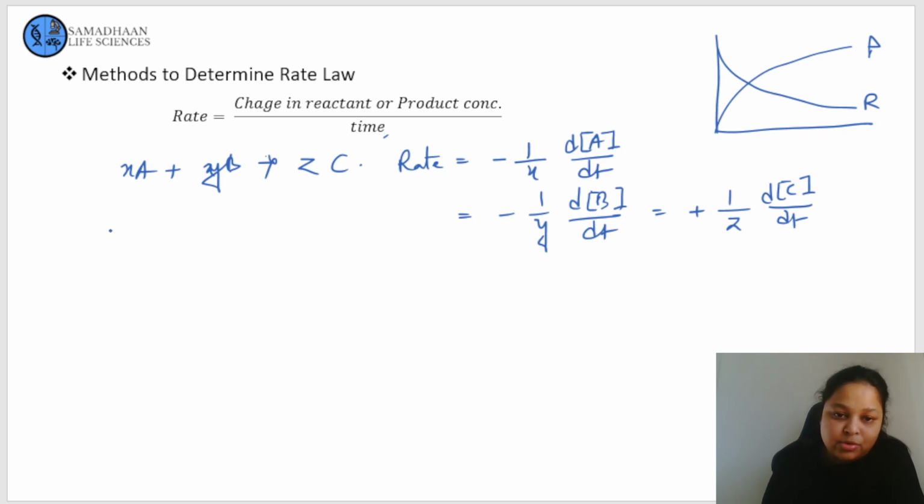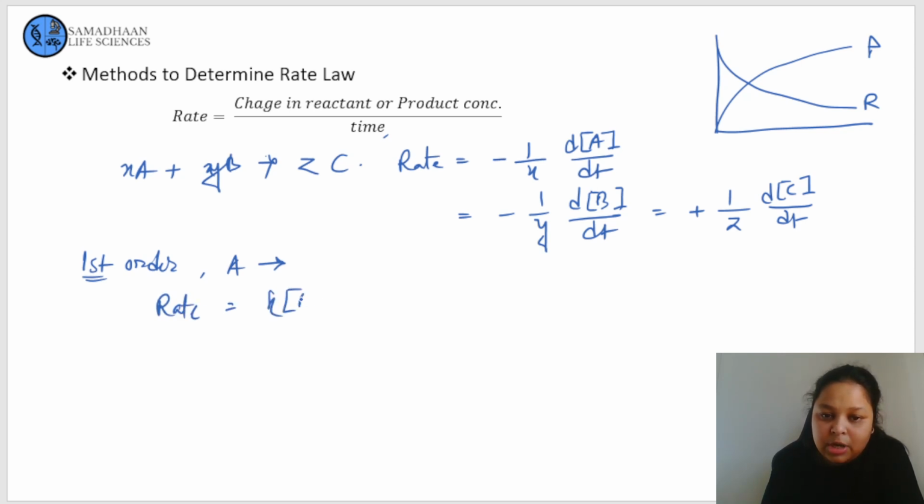Now let's combine those. I will take a first order reaction first. First order reaction, A is forming product. So the rate is equal to k into A to the power 1, or A. And also the rate is equal to minus change in concentration of A for change in time.